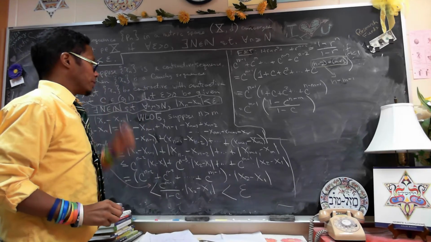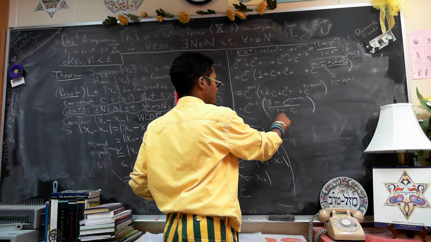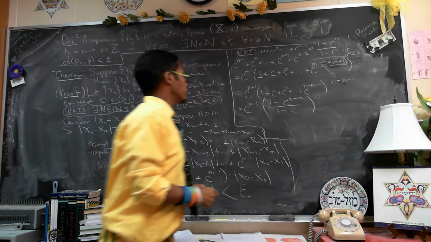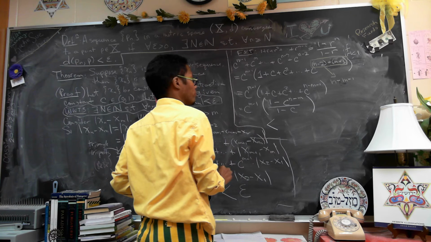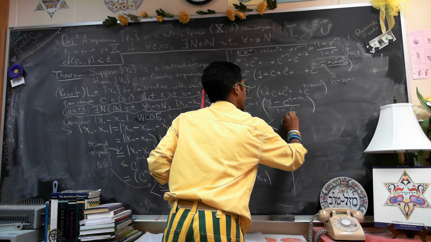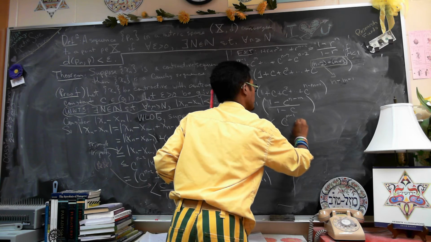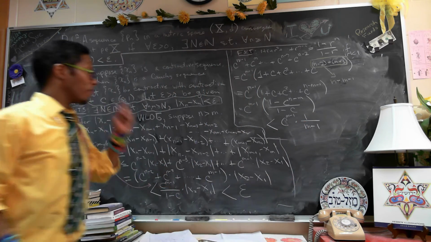And then I notice something. This is less than c to the m minus 1 times 1 over 1 minus c.